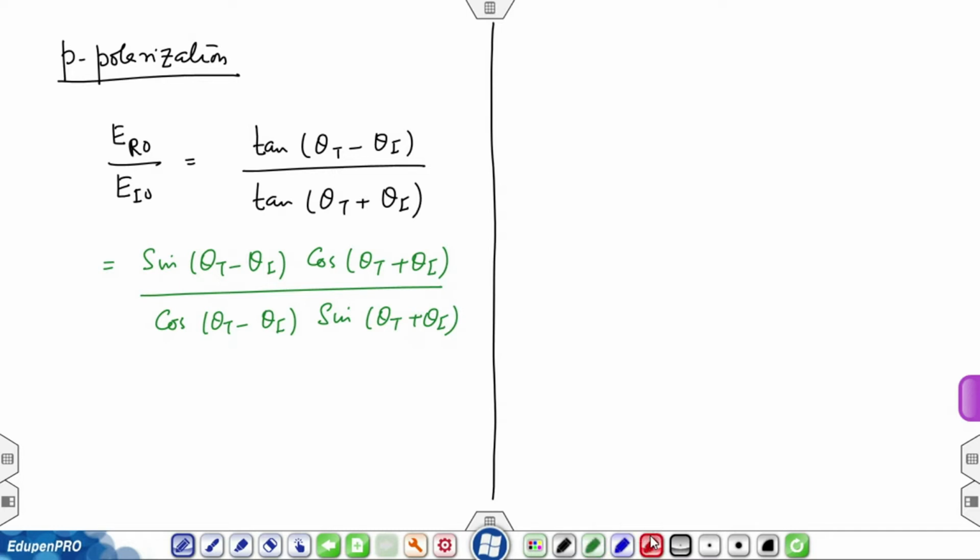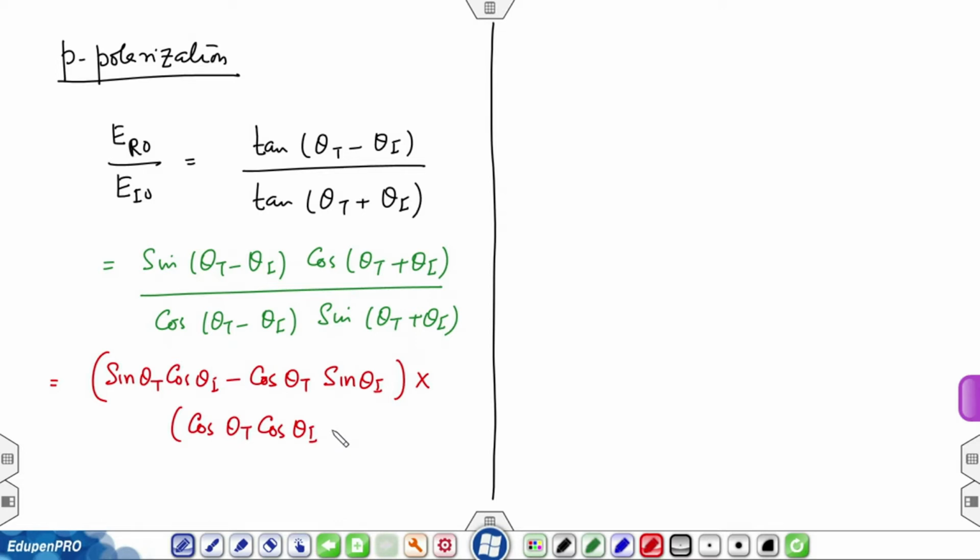Expand these and you get sine theta t cosine theta I minus cosine theta t sine theta I, times cosine theta t cosine theta I minus sine theta t sine theta I, divided by all plus signs.